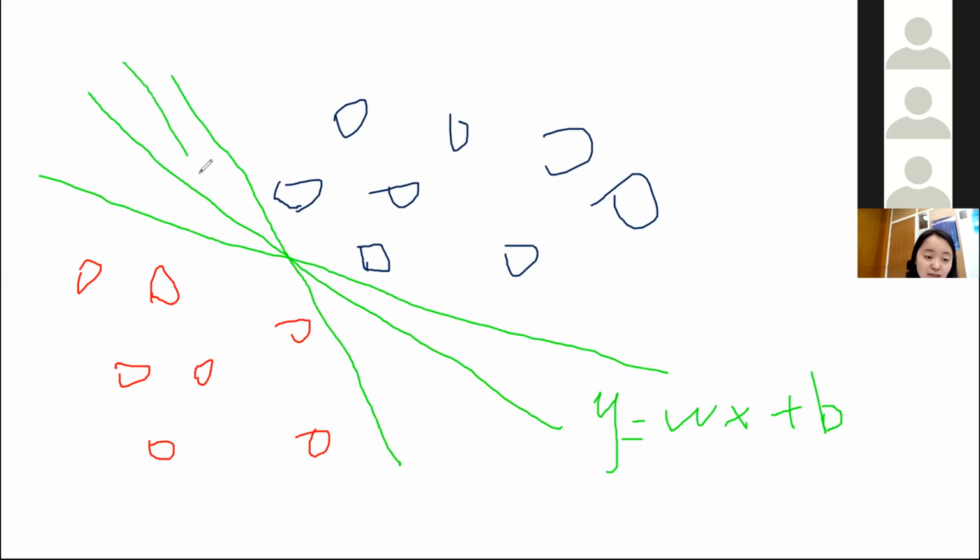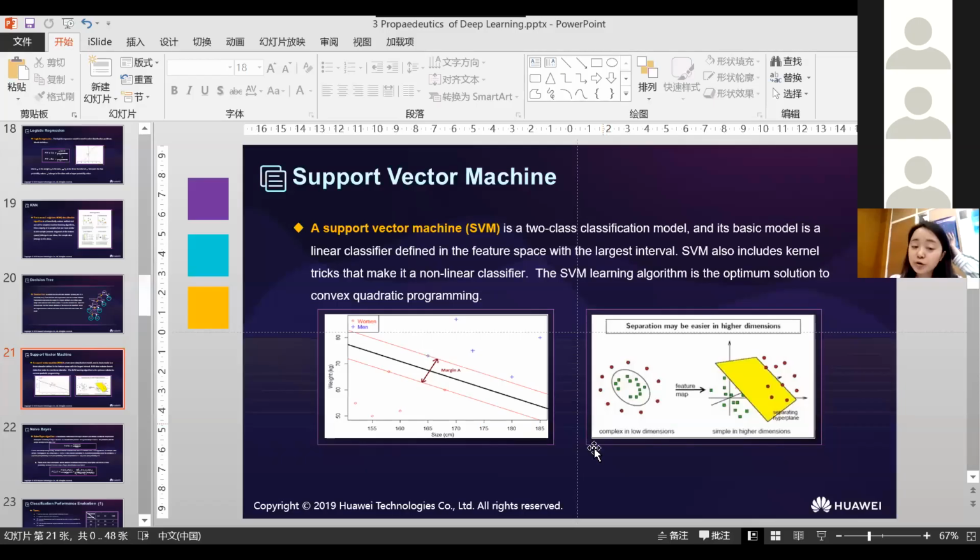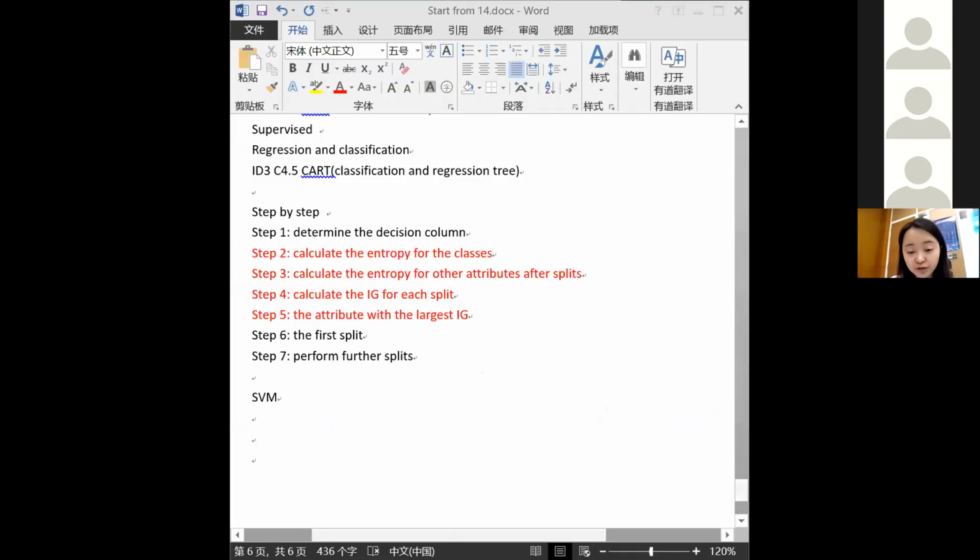We can draw a straight line like this, like this. There are a lot of possible boundaries, and how can we find the best boundary to separate these two classes? That is the question that support vector machine wants to address.